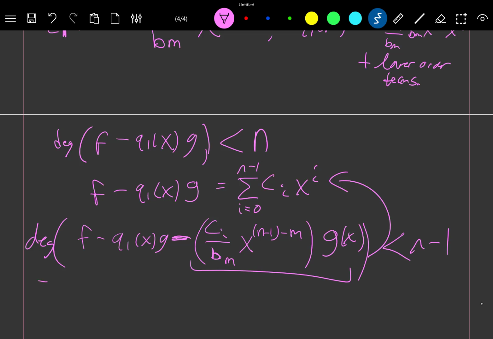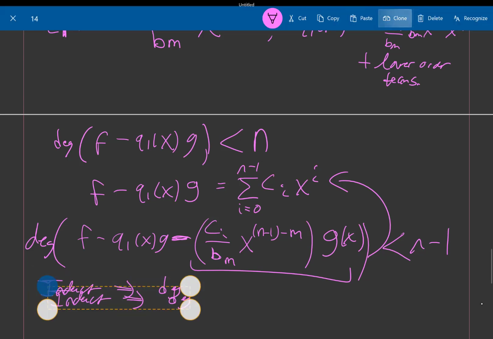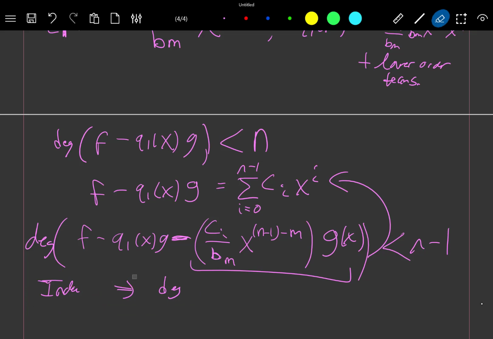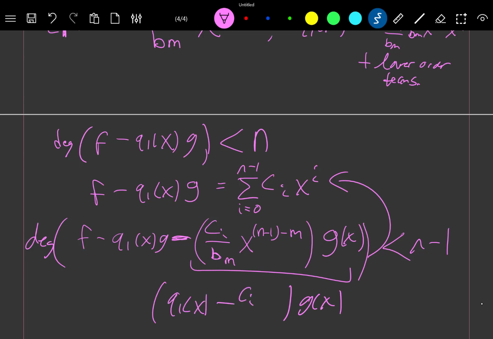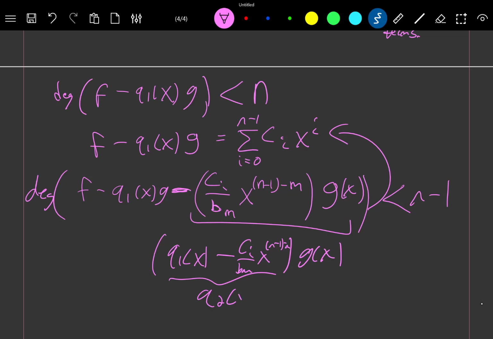And then we're just inducting until we get the degree. We can factor out this g of x here. So this is a q1 of x minus ci over bm x to the n minus 1 minus m, and this here is what we'll call q2 of x.